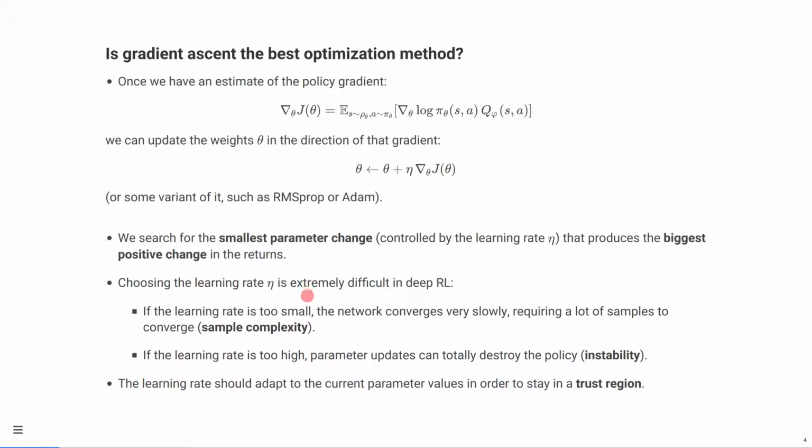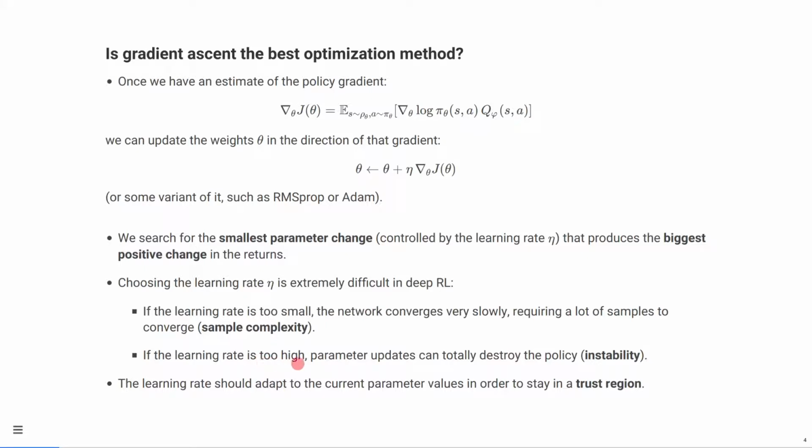And selecting this learning rate is very difficult, because if your learning rate is too small, then the networks will converge very slowly, and then the sample complexity will be high, because you're on policy. So we need to get a lot of samples, because you change your policy just a little bit every time.